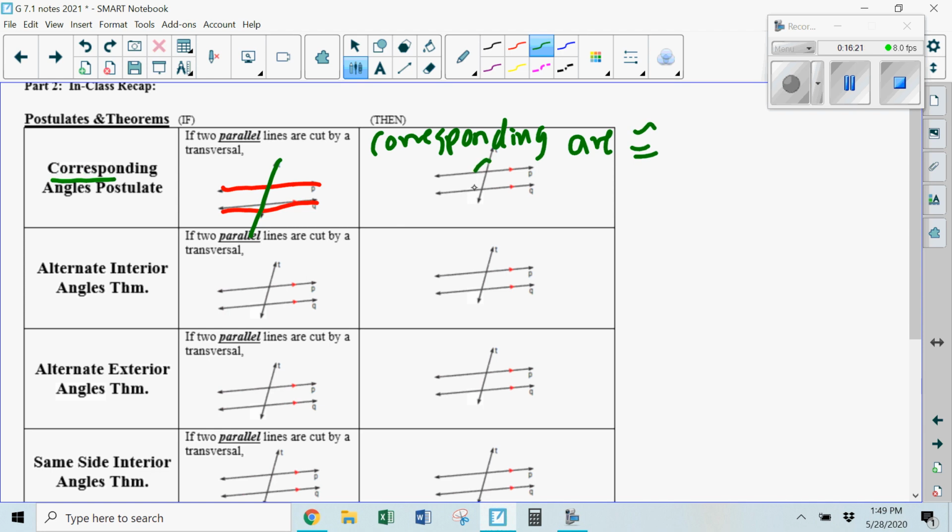This one and this one will be alike, so I gave them the same mark. I could give them two marks or three marks, whatever I wanted to. I just have to mark those angles alike.